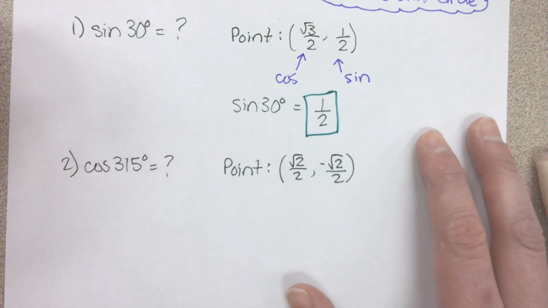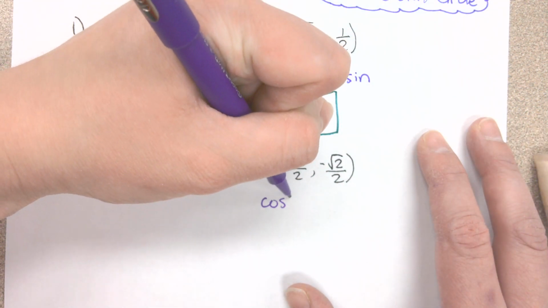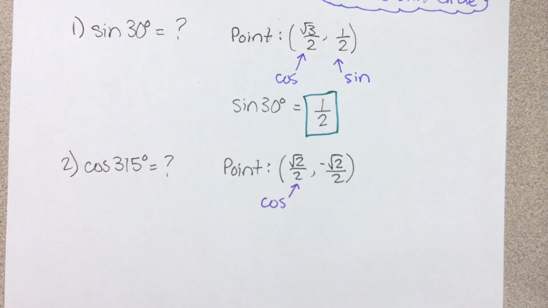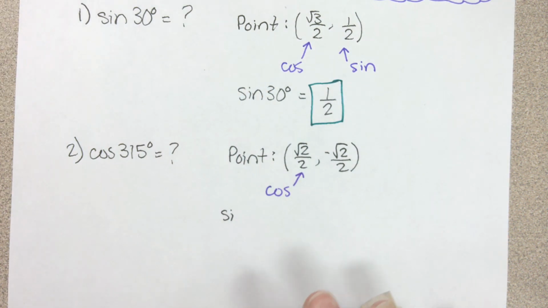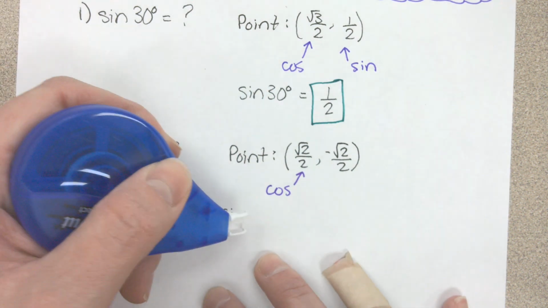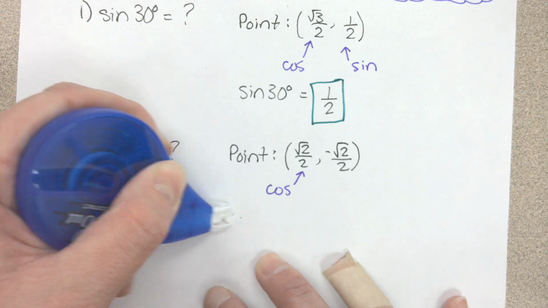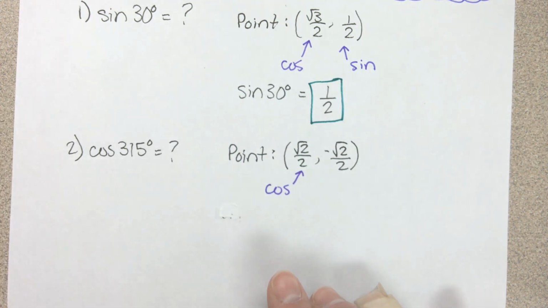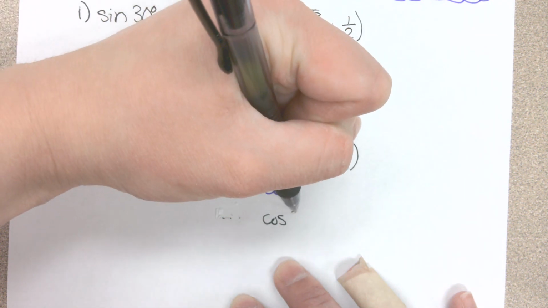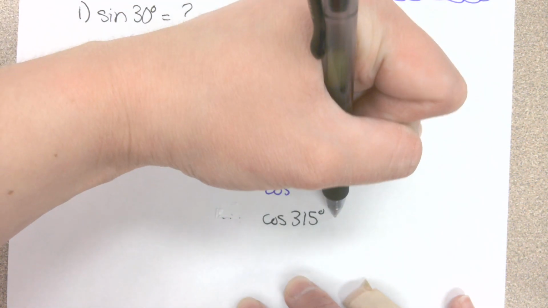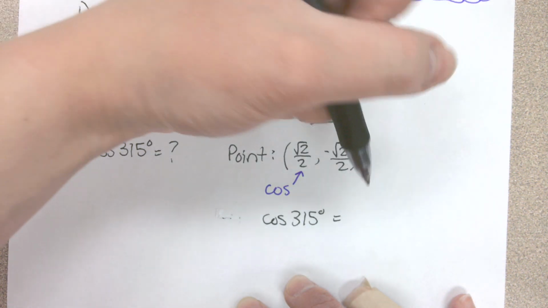We want cosine, so we care about the x value. Let me wipe that out. Oh, that's a miswrite. Cosine of 315 degrees is square root 2 over 2.